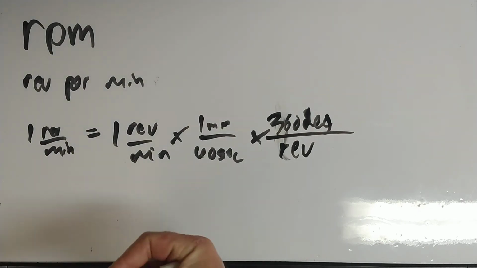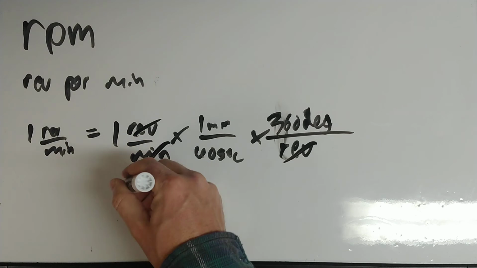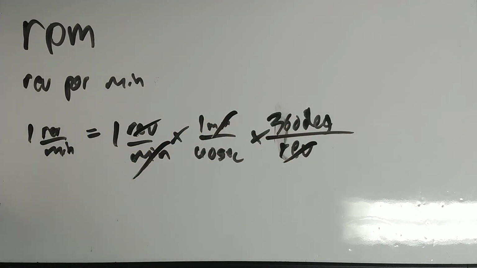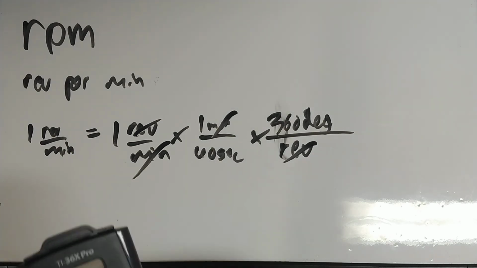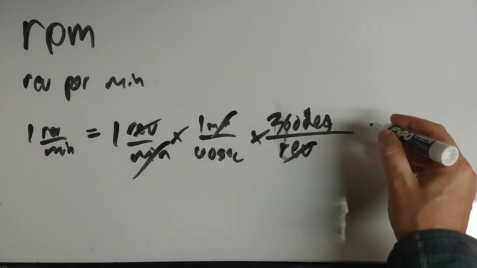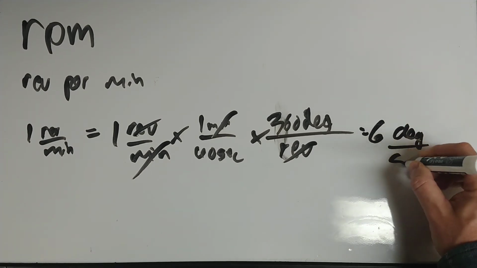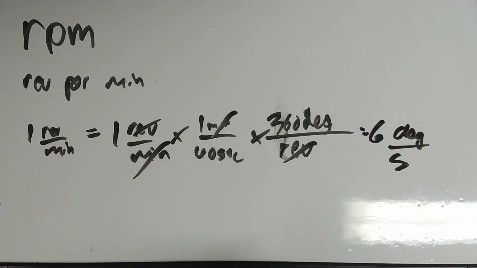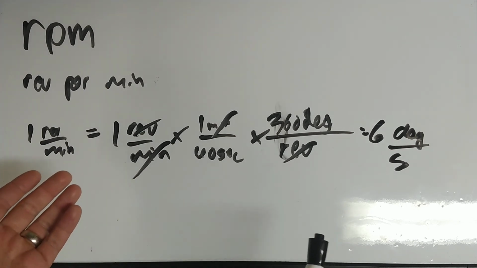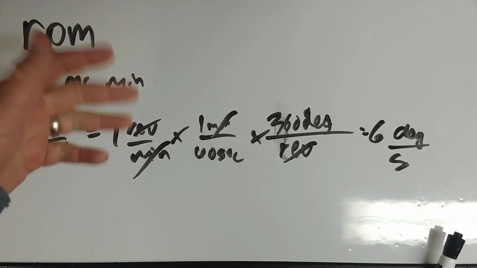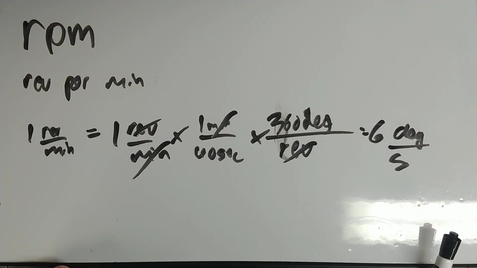The units cancel out, rev and min, and we end with degrees per second. So 1 revolution per minute is 360 divided by 60, about 6 degrees per second. That's pretty darn slow. So you've seen angular velocity anytime you've seen revolutions per minute, RPMs, in a car, turntable, anything.